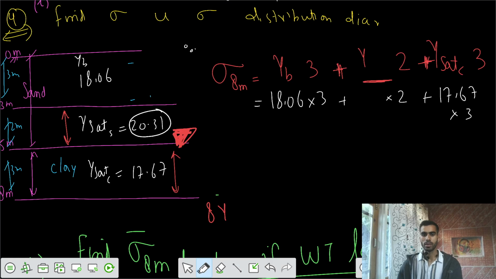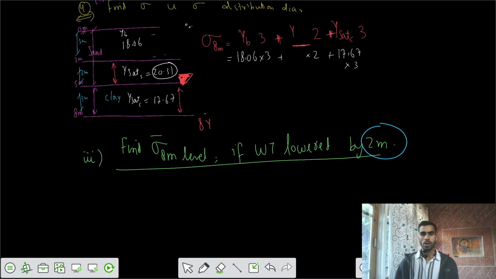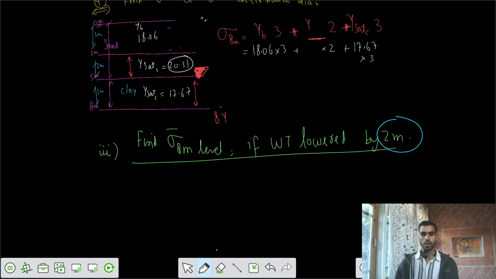What should we write for this gamma? If the water table lowers, there are two different options, as the problem does not mention whether this is the immediate condition or after a long time.